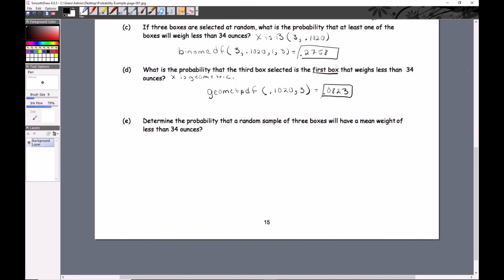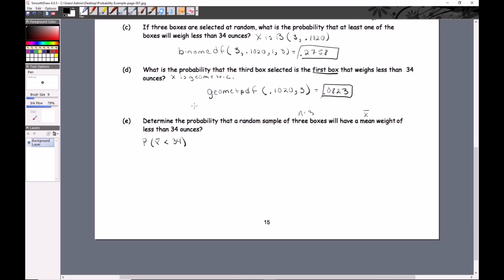Determine the probability that a random sample of 3 boxes will have a mean weight of less than 34 ounces. All right, so this will be a mean for n equals 3. So that's got to be an x bar, right? So we're looking at the probability that x bar is less than 34 ounces.